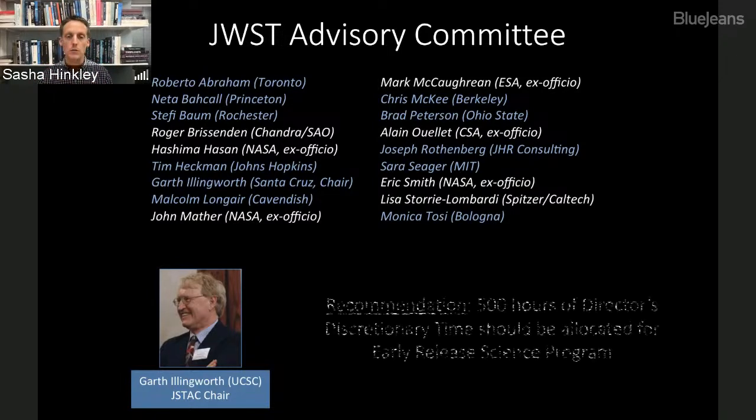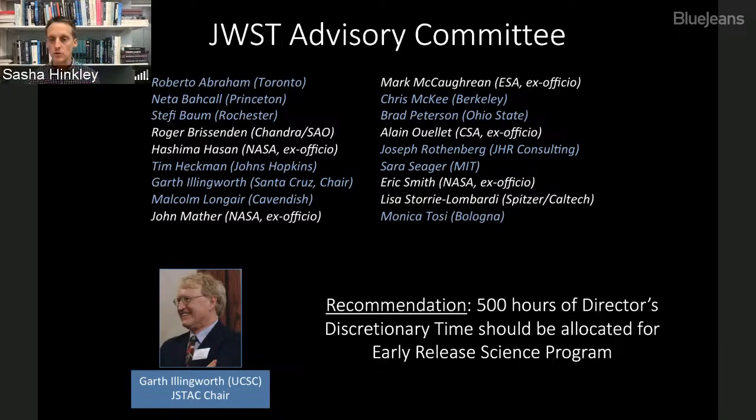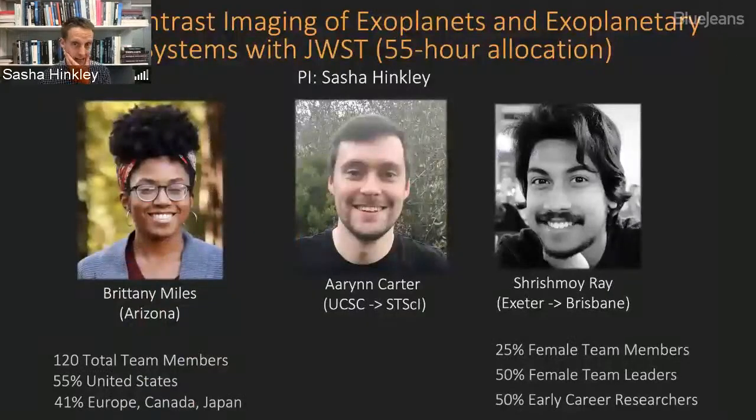So this committee recommended 500 hours of director's discretionary time for the so-called early release science programs. So over 100 such proposals were submitted in 2017, and 13 successful proposals were selected. 2 of these were related to extrasolar planets, and the program I'm talking about today is the only one that really focuses on direct imaging. This is the high contrast imaging of exoplanets and exoplanetary systems.